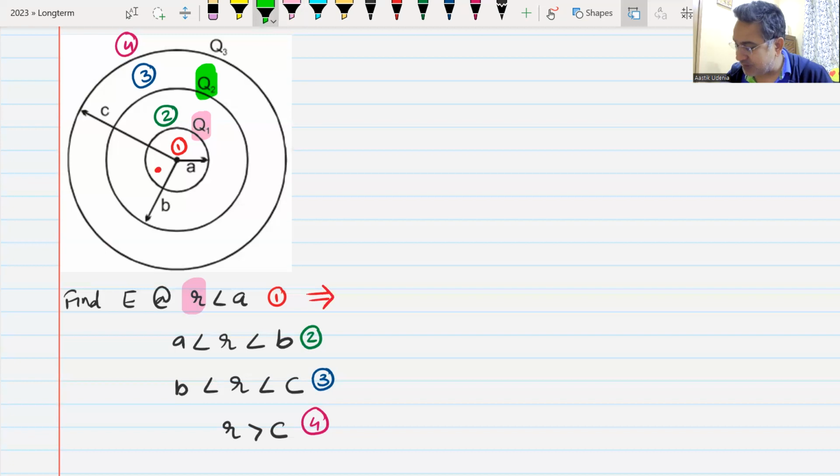Electric field due to the green shell at any point inside the shell is 0. Electric field due to the blue shell, the red point is inside the shell, is 0. Electric field due to all the shells is 0. Therefore, the answer for this part is electric field equals 0. Do we understand this?